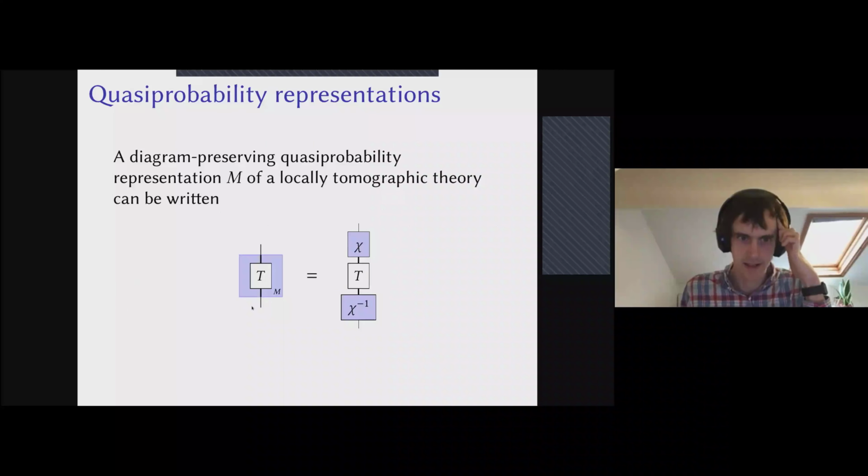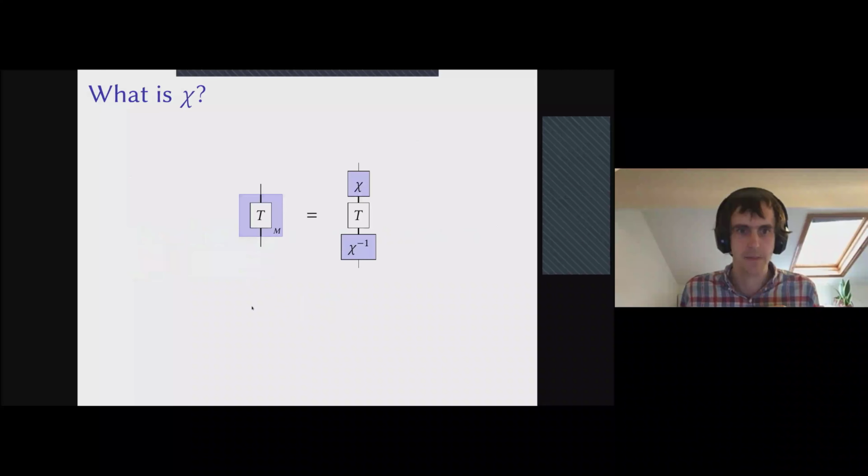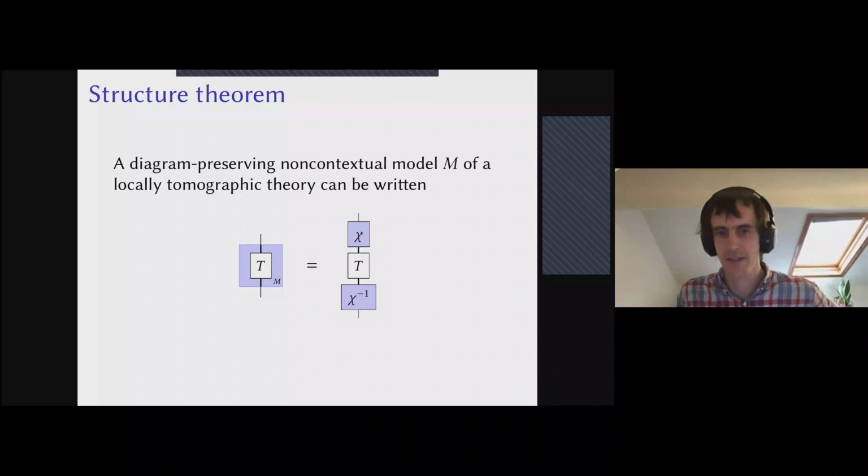Yeah, so it doesn't depend on the transformation. That's very important, because basically we're saying that the only freedom in defining the model is just to pick this chi. So if you could pick a different chi for different transformations, you wouldn't really have a constraint. One thing it does depend on that I've glossed over here is the systems that the transformations act on.